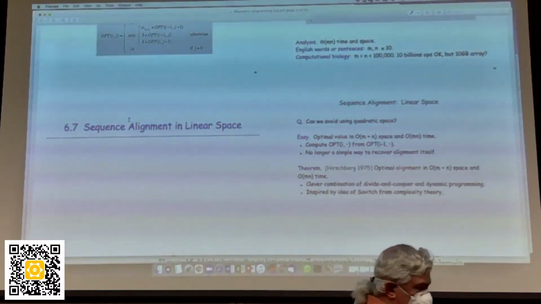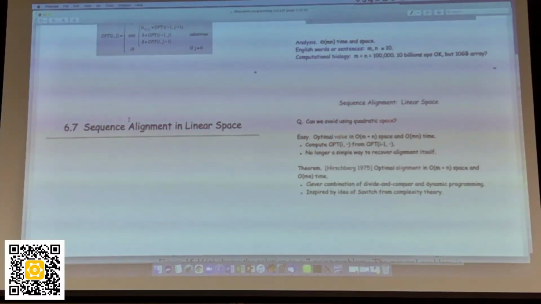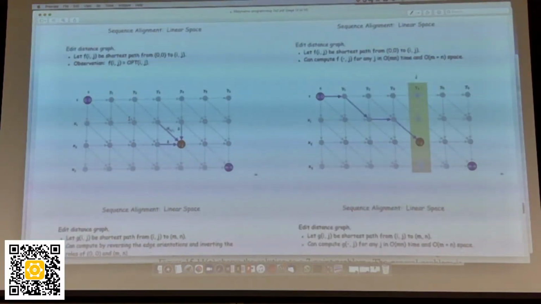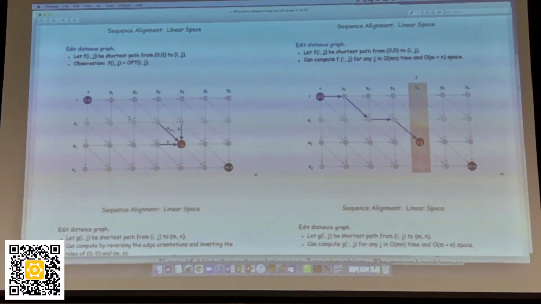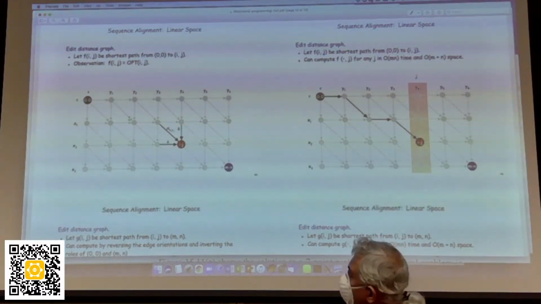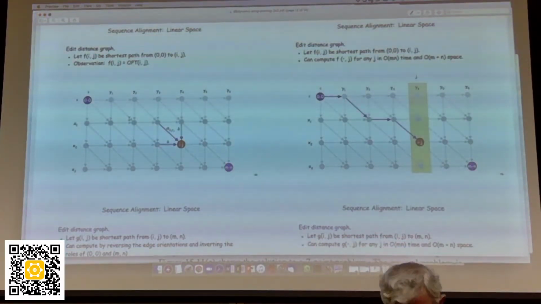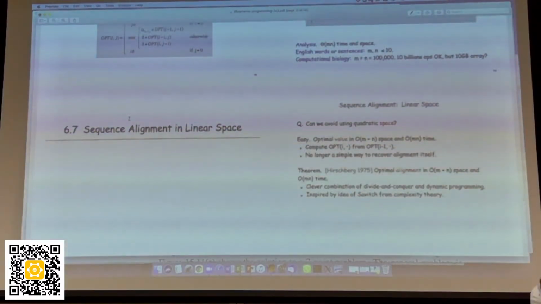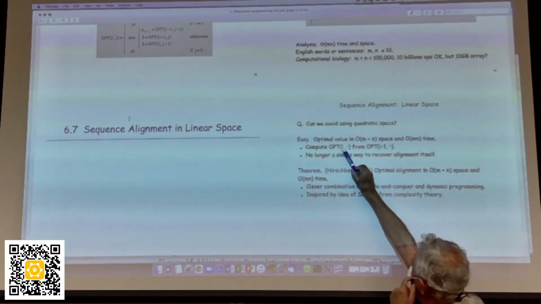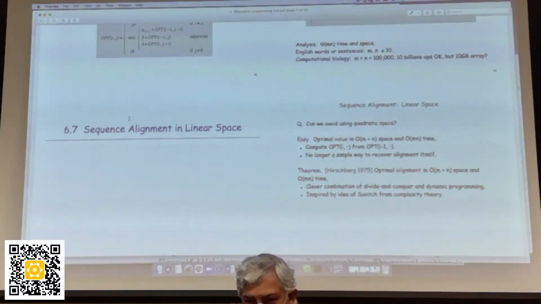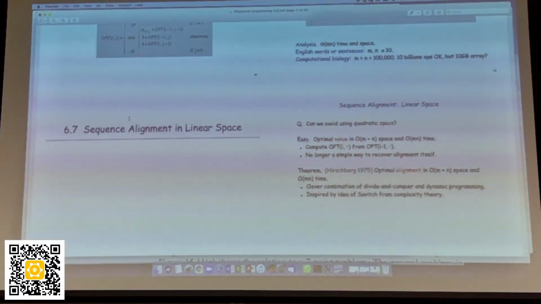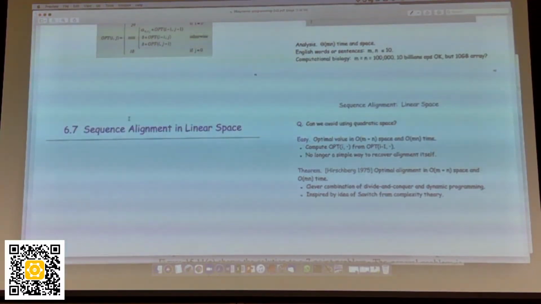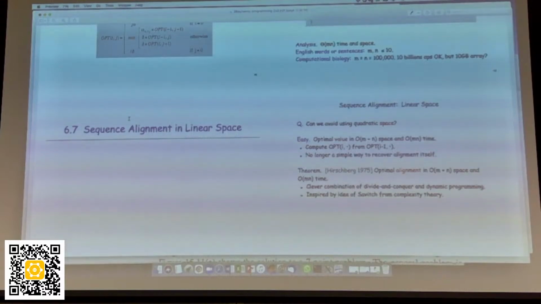It turns out this guy Hirschberg figured that out some gazillion years ago. And the way you figure it out is by using something called the edit distance graph. The basic idea is, when you're doing the computations, once you've figured out this row, you're going to need that in order to figure out the next row.